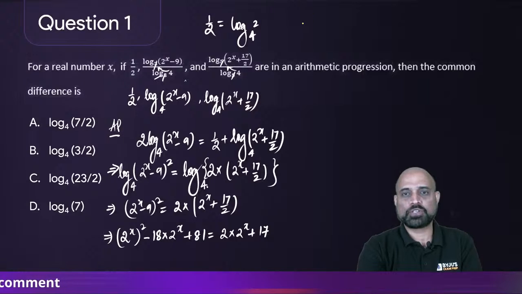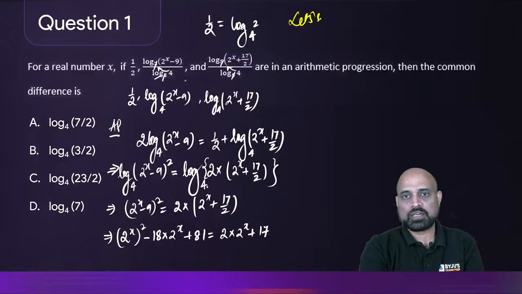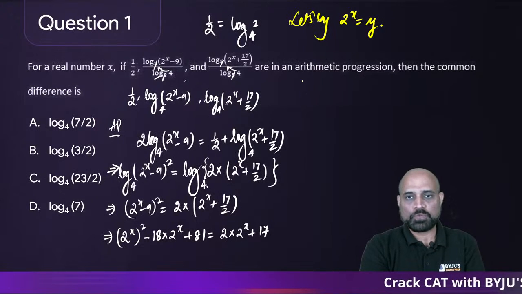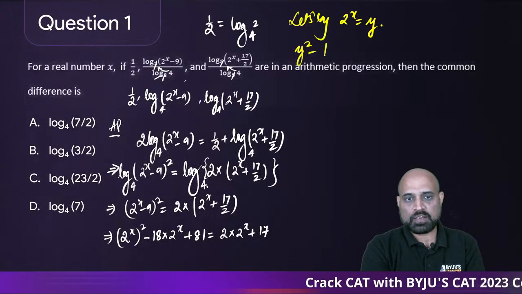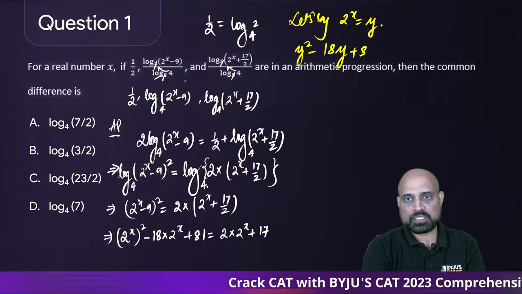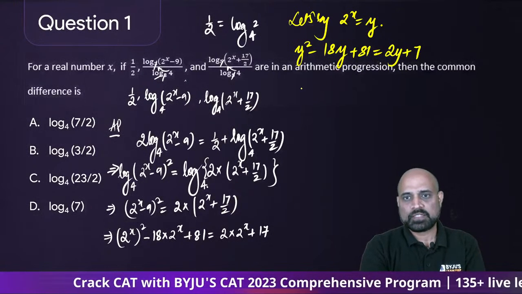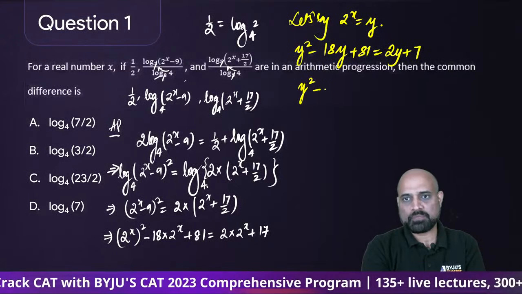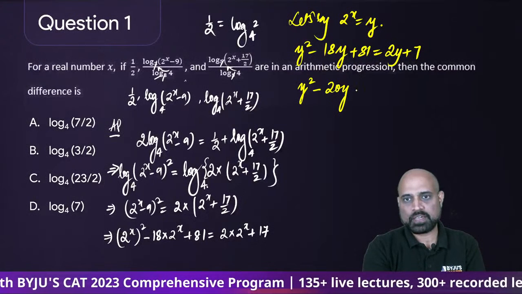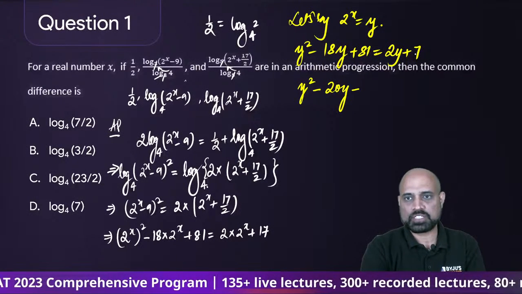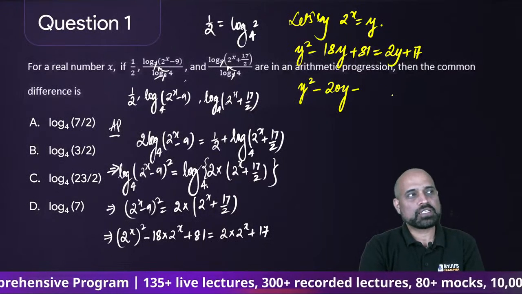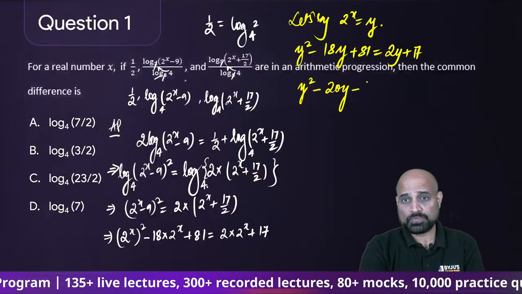So let's assume 2^x is y. We get y square minus 18y plus 81 equals 2y plus 17. This results in y square minus 20y plus 81 minus 17, and 81 minus 17 is 64.